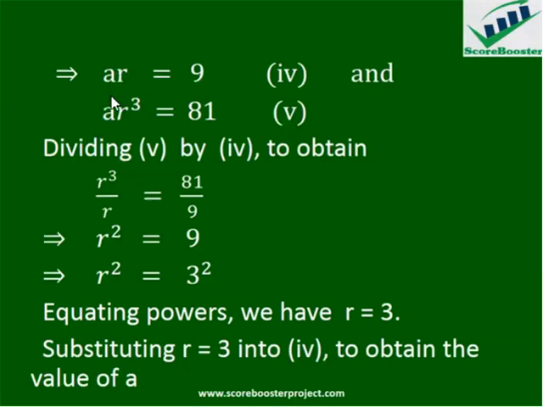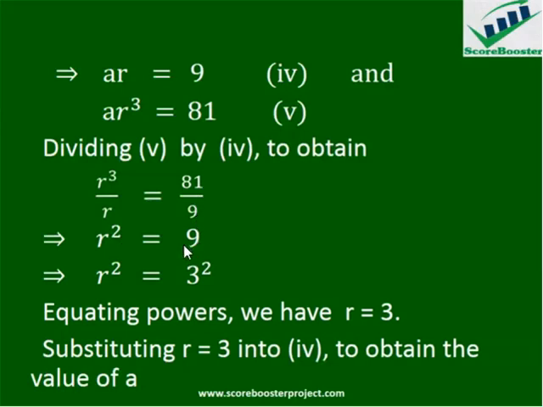We cancel a, we are left with r cubed over r, which equals 81 divided by 9. Following the rules of indices, r cubed divided by r raised to the power 1 is r raised to the power 3 minus 1, and 3 minus 1 gives 2. So we have r squared equals 81 divided by 9, which gives 9.